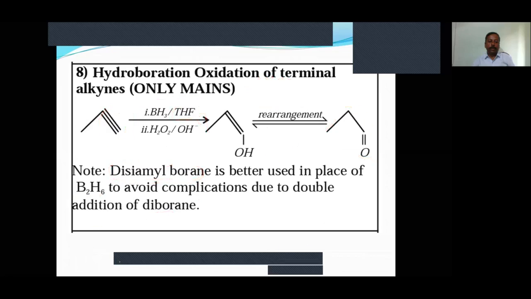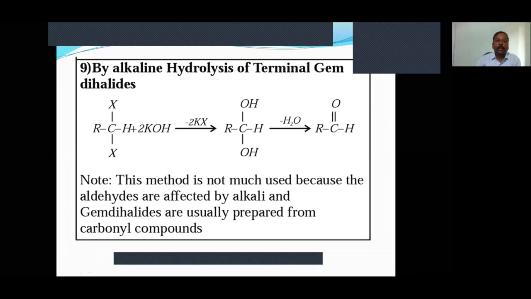Now let's see the next and final method. Alkaline hydrolysis of terminal gem dihalides. See, every word is very important. What is the importance? I am explaining. Terminal means on the last carbon. Gem means on the same carbon. And how many? Two. See here, this is the carbon with halogen, and both halogens are on the last carbon only.